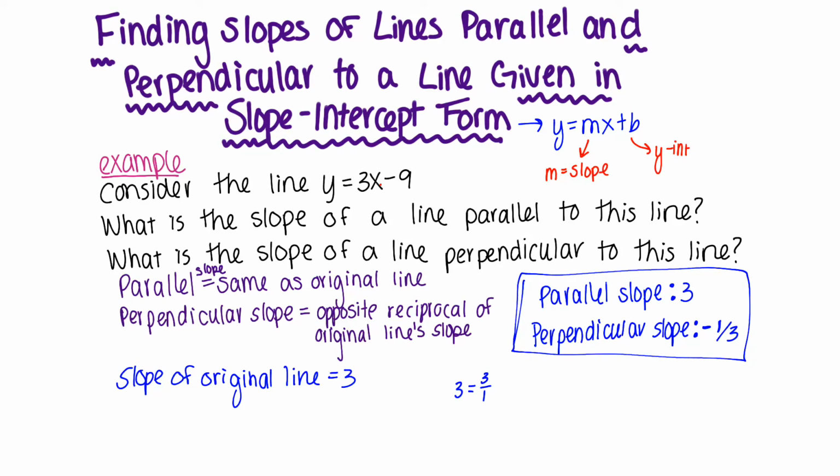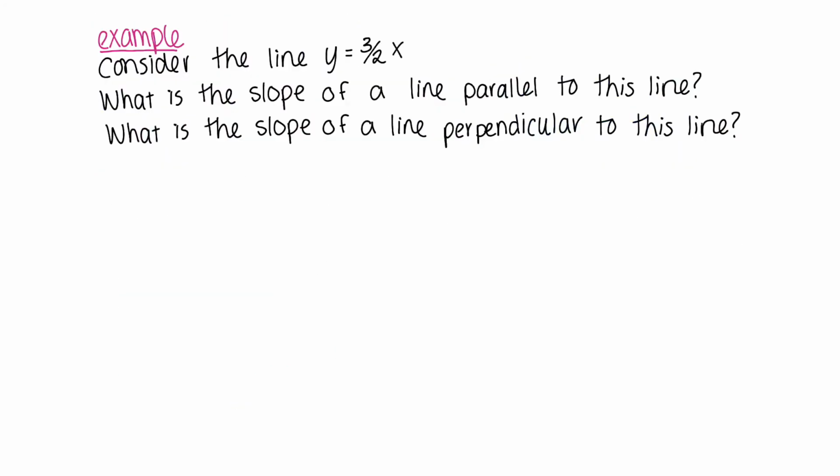Let's try the next one. Here we have the line y equals 3/2 x. So the original slope is 3/2. That's the number that's next to the x. If the original slope is 3/2, that means the parallel line's slope is going to be 3/2.